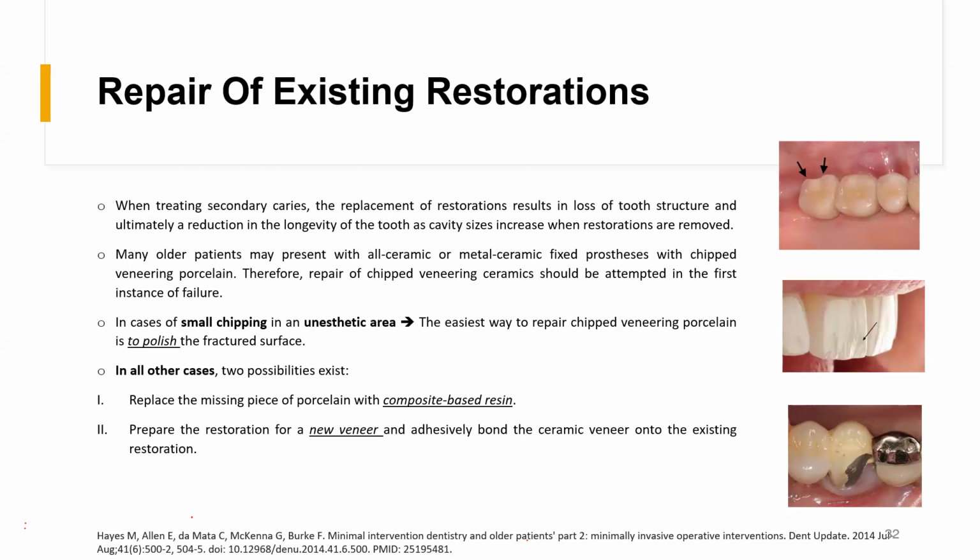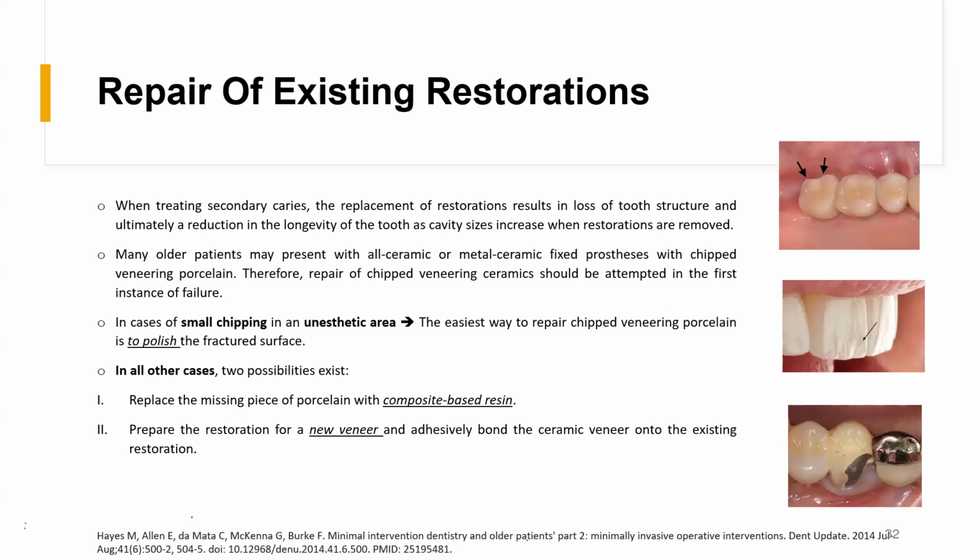Many older patients may present with old ceramic or metal ceramic fixed prostheses with chipped veneering porcelain. These restorations have served them for many years, so they may be reluctant to have their prosthesis replaced. Therefore, repair of chipped veneering ceramic should be considered in the first instance of failure in older patients.